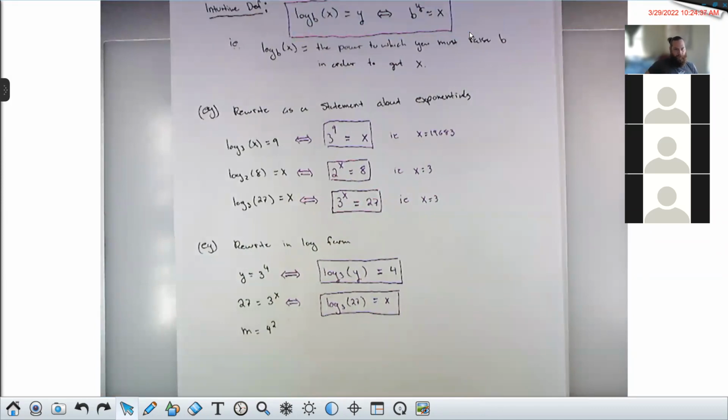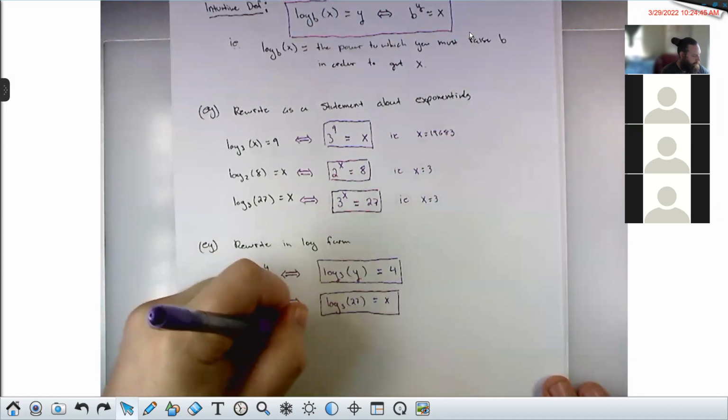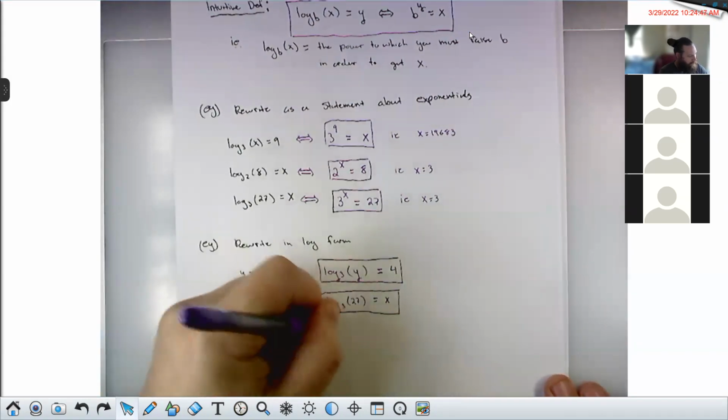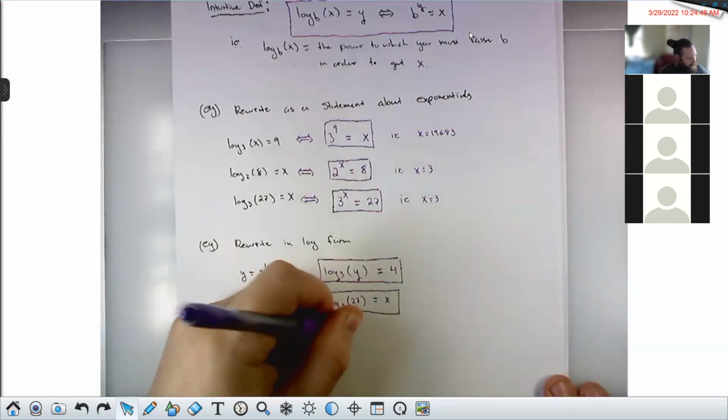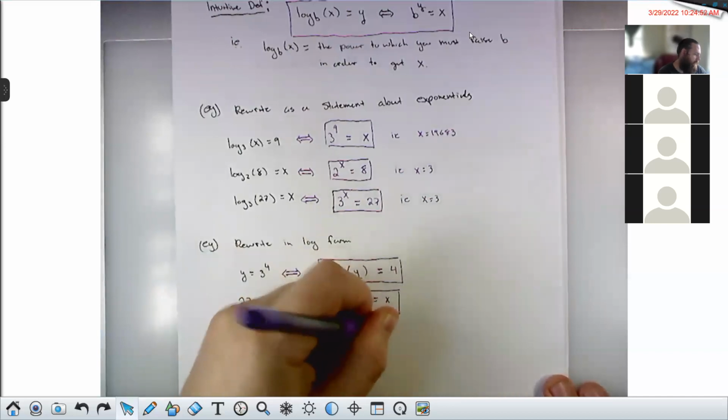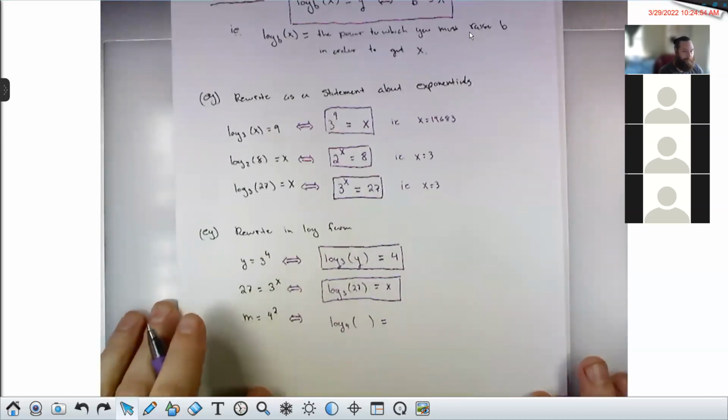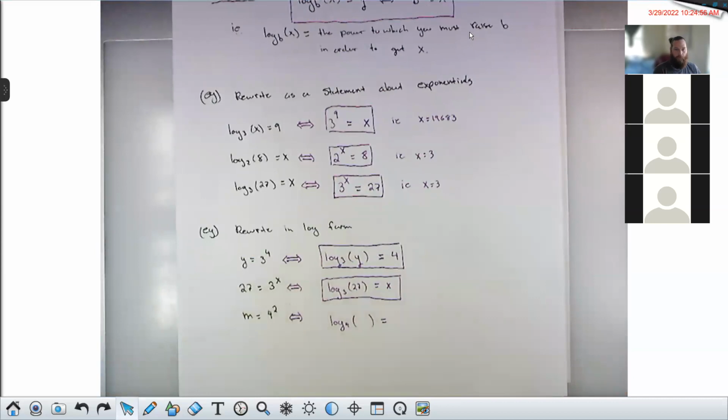All right, how about this last one? M is equal to 4 squared. That's going to be a statement about a base 4 logarithm. So base 4 of something is equal to something else. Log 4 of m is equal to 2.